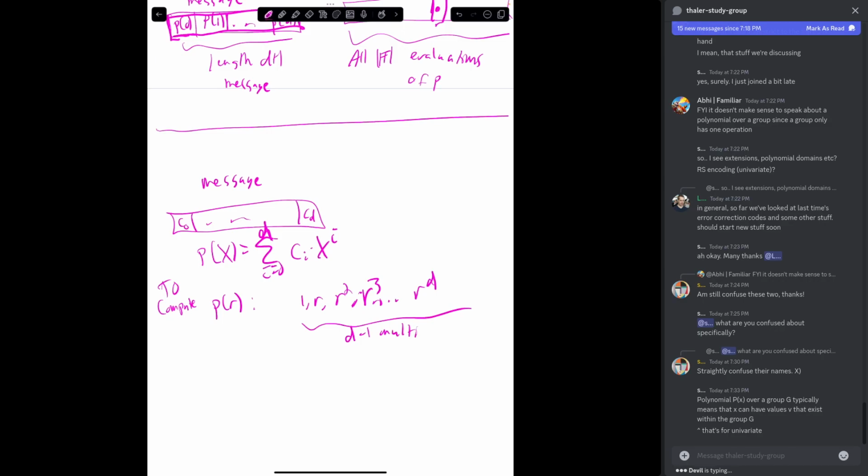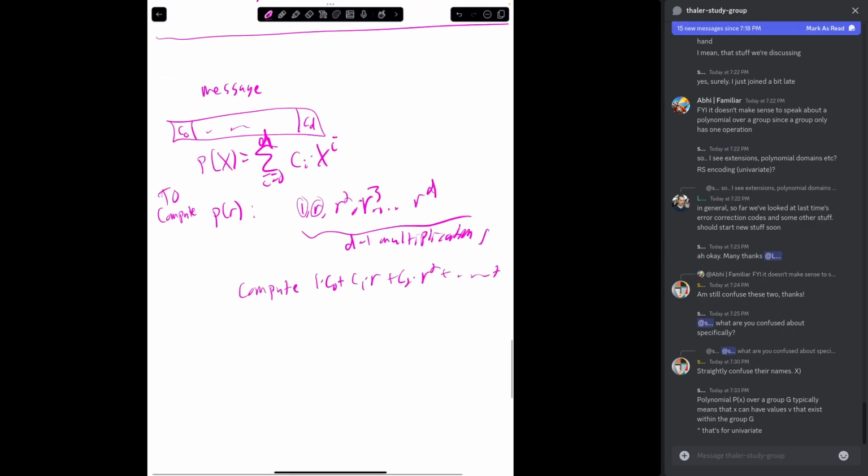And then given all these values, I can multiply 1 by C0 and then add to it C1 by R, C2 by R squared, and so forth. In the end, this would be D plus 1 multiplications and D or D plus 1 additions or something.